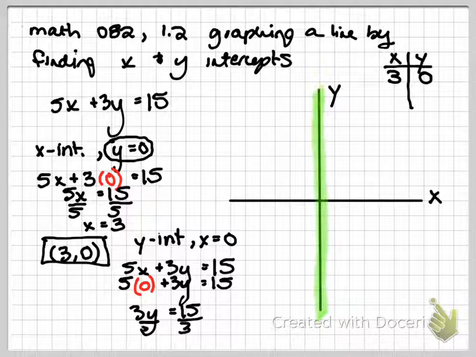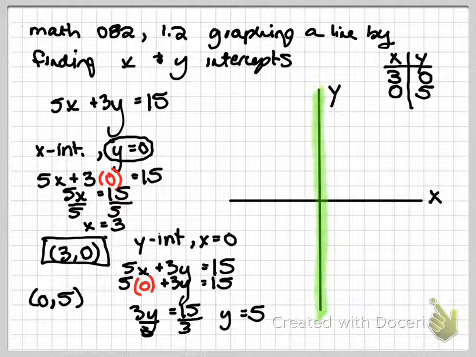We divide both sides by 3, and we find that y equals 5. Again, I want to remind you, we didn't find that x equals 0. We set x equal to 0 in order to solve for y. So those are the two ordered pairs, (3, 0) and (0, 5). Those are the two points that we need to graph.